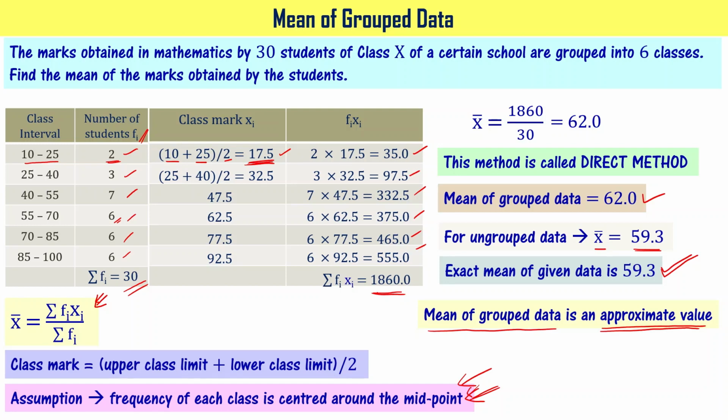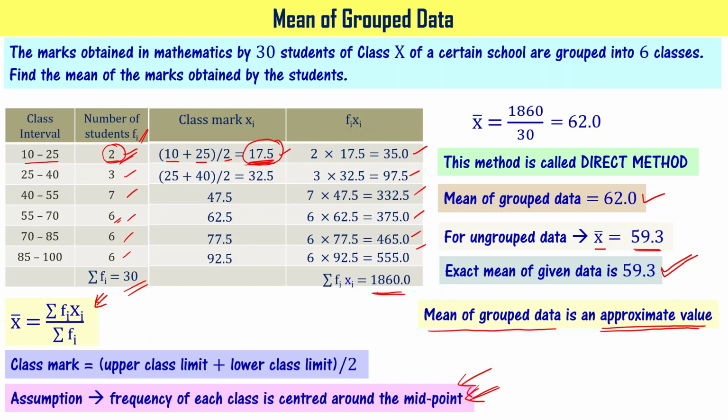We assumed that the class mark 17.5 is representing the marks of these 2 people. The average mark you obtained for these 2 people is 15, whereas you are assuming it to be 17.5.